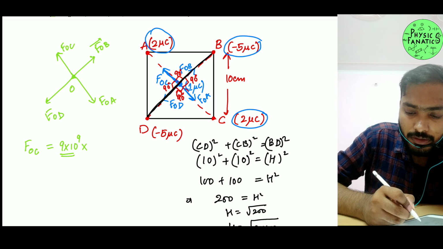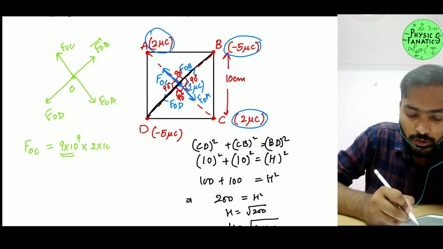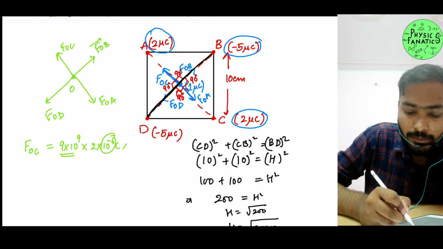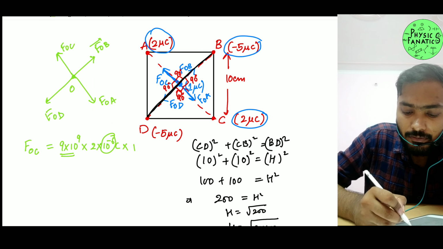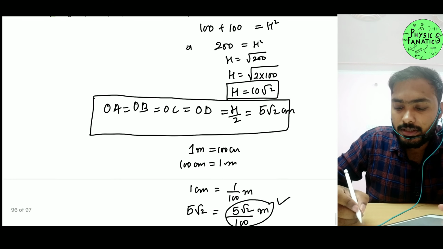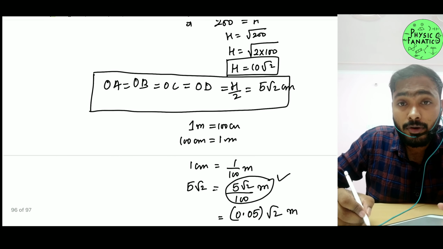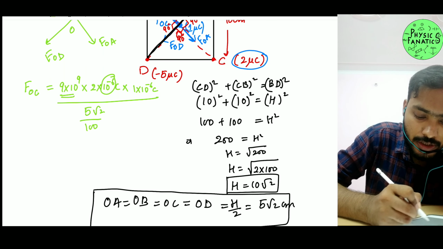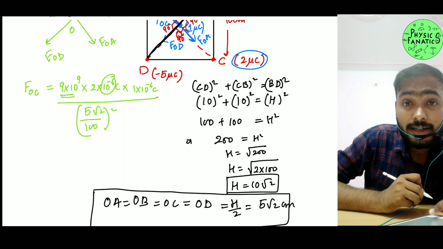K into one of the charges, 2 into 10 to the minus 6, 10 to the minus 6 is for micro, this is coulomb, multiplied by 1 into 10 to the power minus 6, again coulomb, divided by, I can use this value, 5 root 2 upon 100 whole square. I hope you guys can understand that.